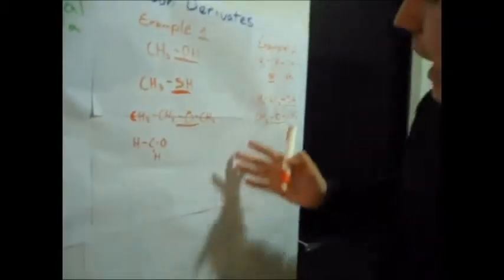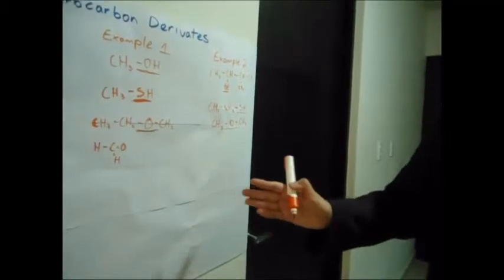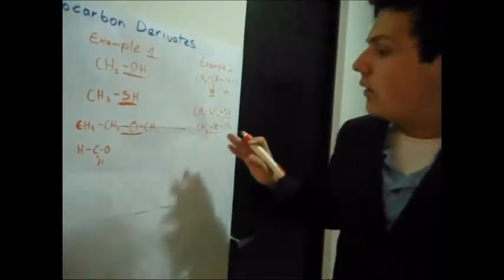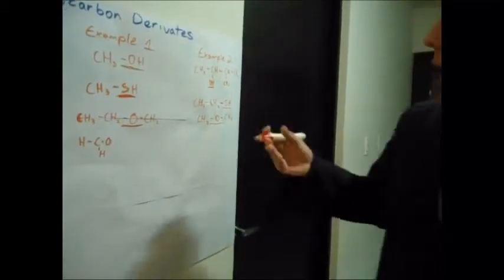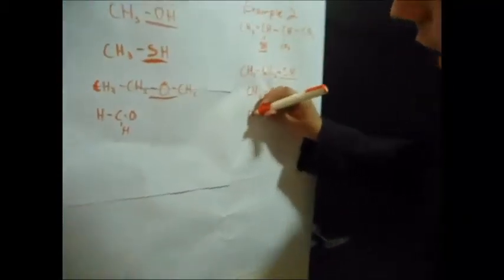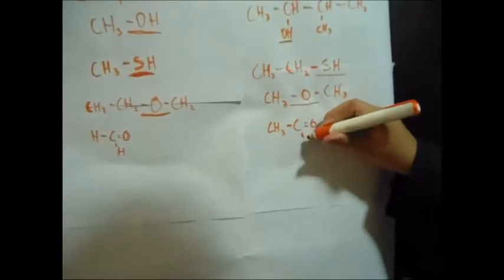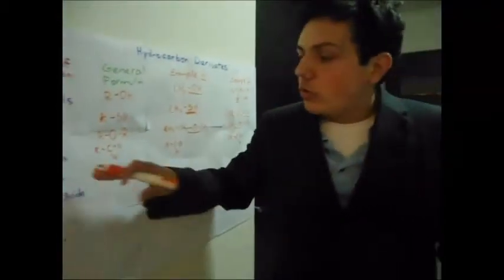Now, for a second example, we will do ethanal. That is made by first the alkyl group, that is the CH3. Then you put the carbon with the double bond of oxygen and a hydrogen here.